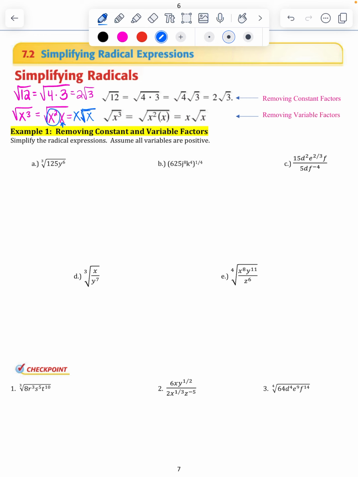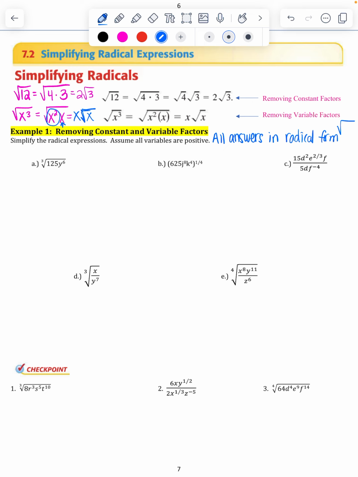It says assume all variables are positive, but I want to be more specific in the directions: I want all answers in radical form, meaning we want our answers to have a symbol in it, not in exponential form. Sometimes the questions start out in exponential form, sometimes they start out in radical form, but I want all of the final answers in radical form for this section.